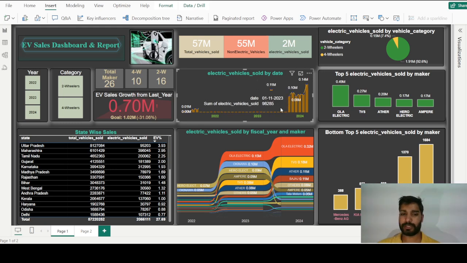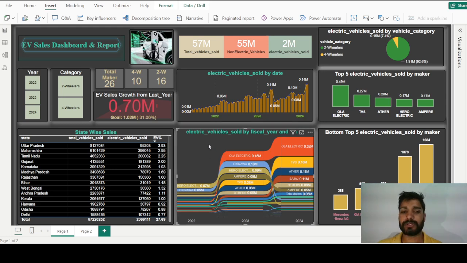So we can easily analyze our electric vehicle sales year on year by this graph.